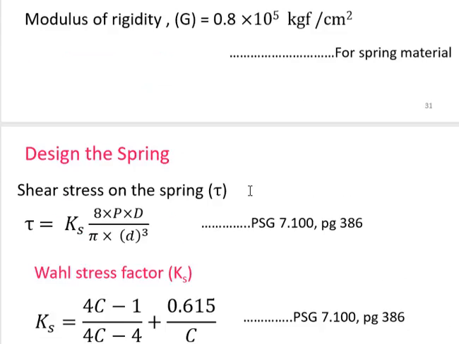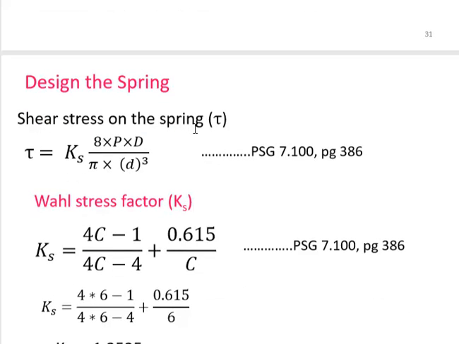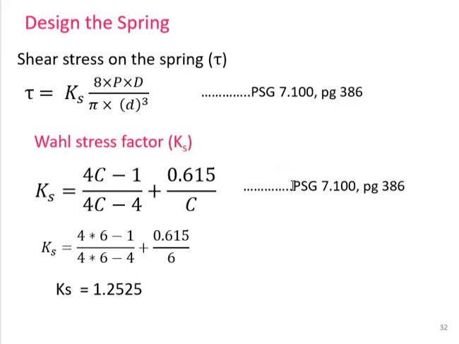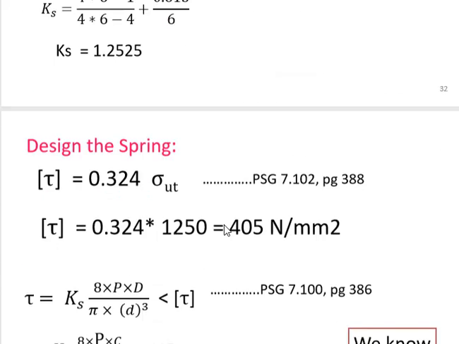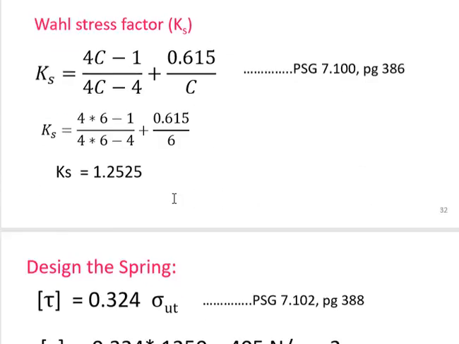To find out N, that is the number of coils, we need to find out the shear stress on the spring. The shear stress formula is given in PSG 7.100. To find out shear stress, we need to first find out Wahl's stress factor. Now after substituting the spring index, the Ks comes around 1.2525. Now after finding out Wahl's stress factor, we can try to find out the design shear stress that comes on the spring.